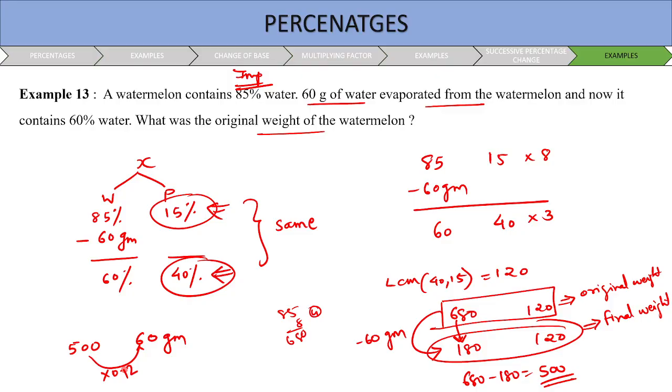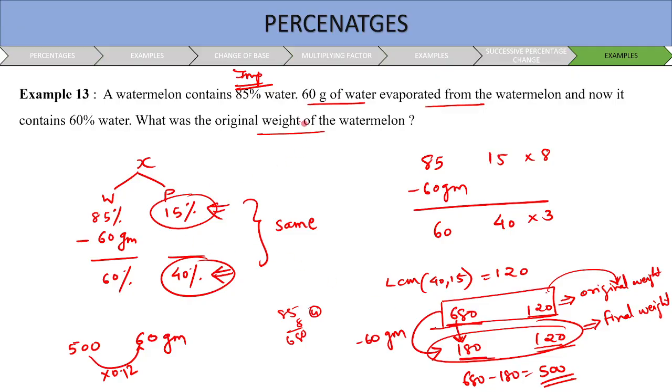I will repeat this part again for your better understanding. When you take the LCM to make the values the same, you get 680 and 120, which is your original weight. As the quantity of pulp needs to remain the same, only the quantity of water is decreasing. Initially it was 680 and finally it is 180, so there is a net reduction of 500.